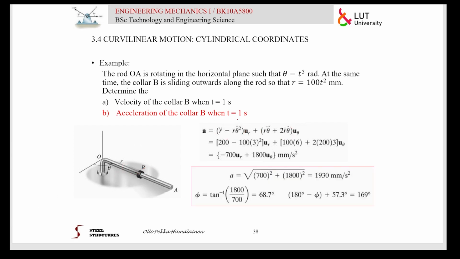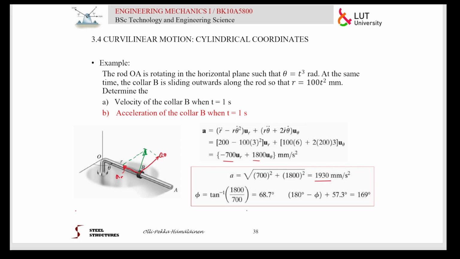Now, if I wanted to know the magnitude of it, I just have to sum the squares of those two terms and take the square root. The Pythagorean theorem is going to give me the magnitude of the acceleration, which is going to be something like this. We're about to finish now.